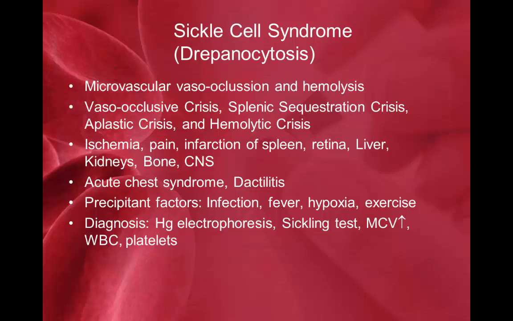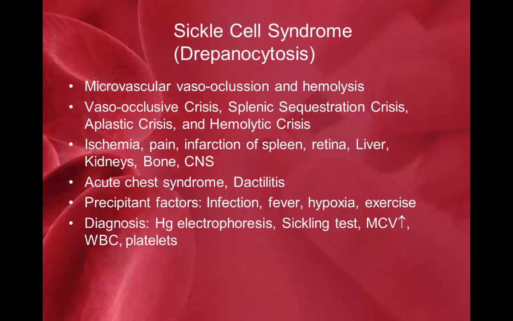And basically, talking a little bit about pathophysiology, remember that in hemoglobin S, valine is substituted by glutamic acid. Deoxygenated hemoglobin S is much less soluble than oxygenated hemoglobin A. It forms a semi-solid gel that causes RBC to deform into a sickle shape in the presence of low oxygenation.